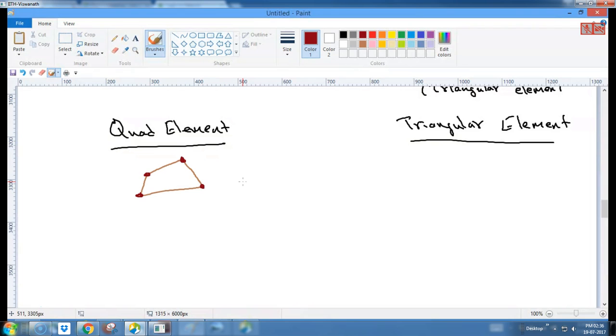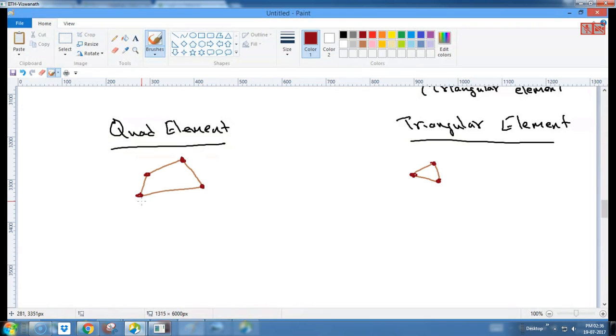This is a quad element, and a generic triangle element would be something like this. So that means a 2-dimensional domain can be discretized either by a set of triangles or by these kinds of quads. So here let's understand how many nodes are there.